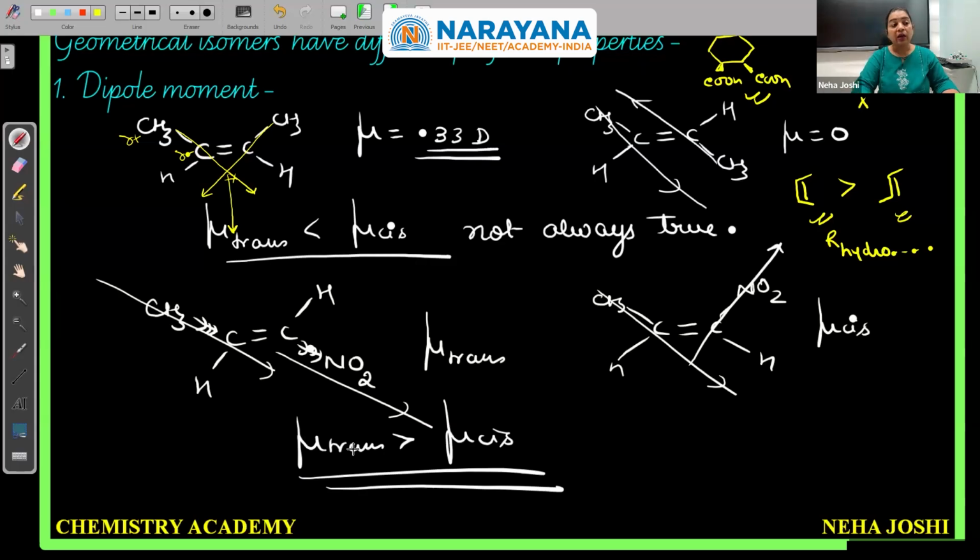So every time you have to decide this particular concept of cis high or trans high dipole moment, you immediately have to first examine the type of groups present. What type of direction of dipole individually those groups are generating, and then only you can decide whether cis will be higher or trans will be higher in terms of dipole moment. Absolutely okay.